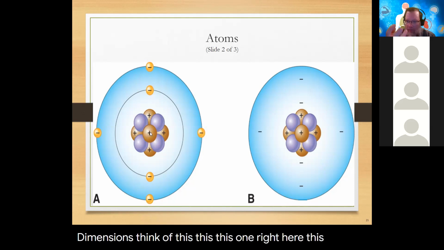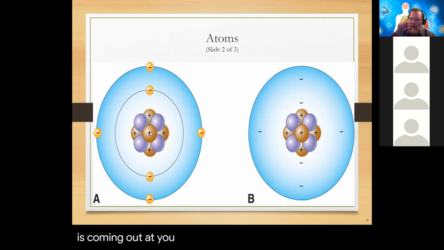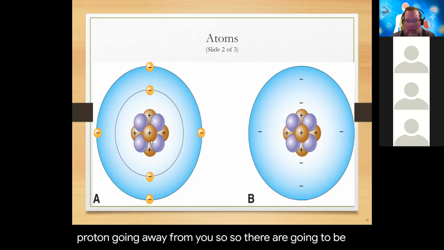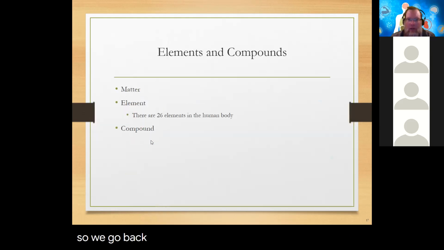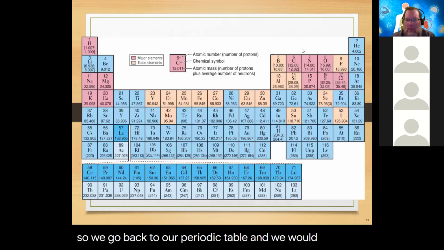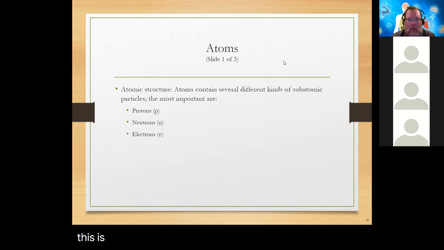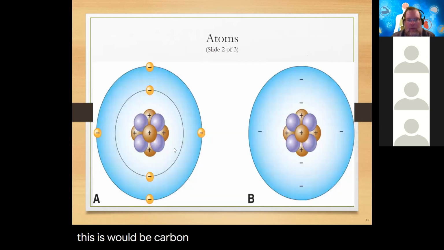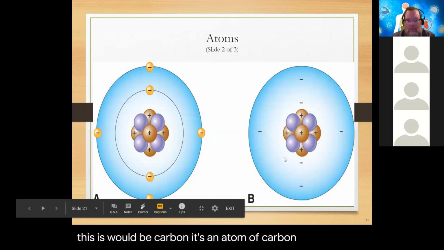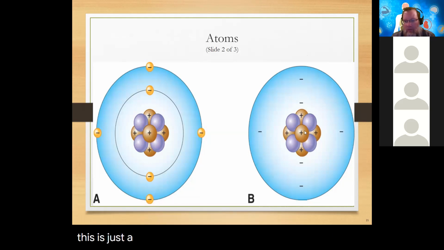This proton is coming out at you. And then opposite behind it, there's a proton going away from you. So there are going to be 6. So we go back to our periodic table, and we would see that this would be carbon. It's an atom of carbon. This one too, this is just another way of writing it out.